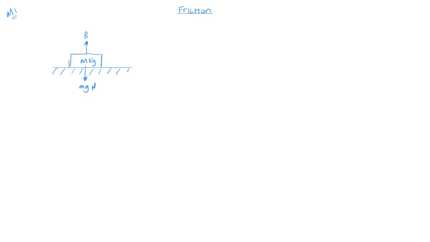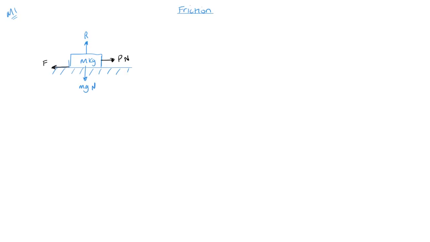Now, when I apply a force, say a horizontal force here, which I'll call P newtons, then what happens is friction acts in the opposite direction, which I'll call F.